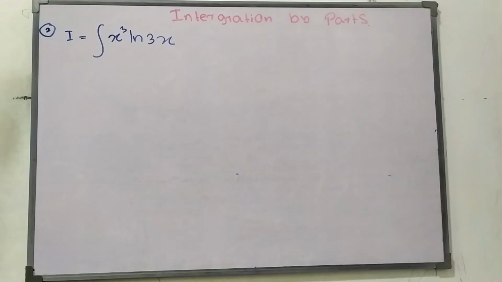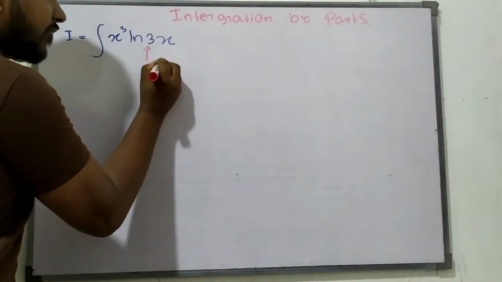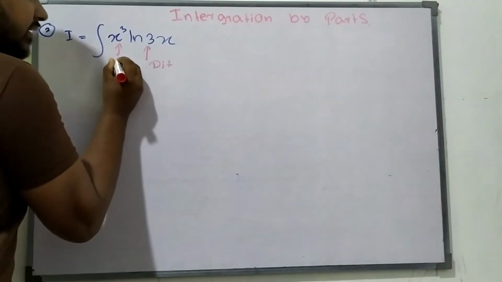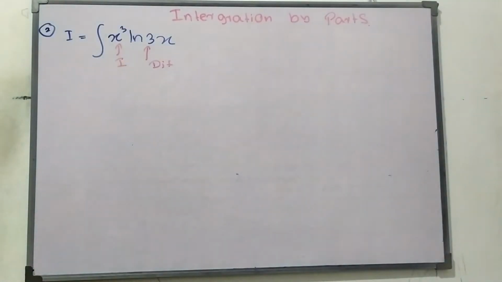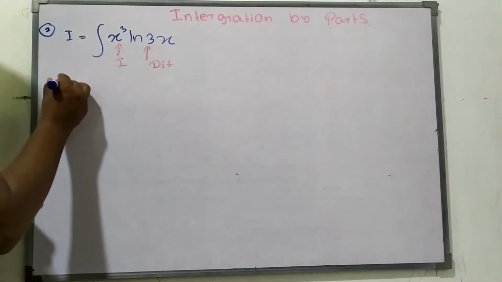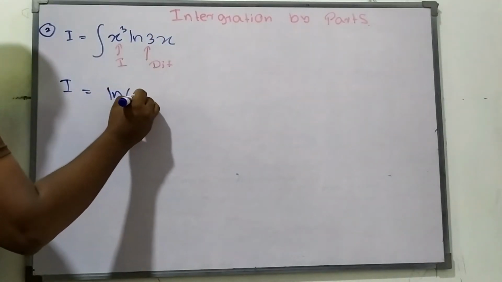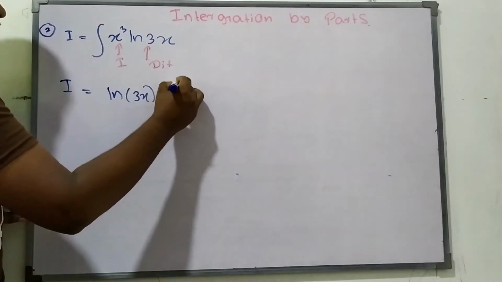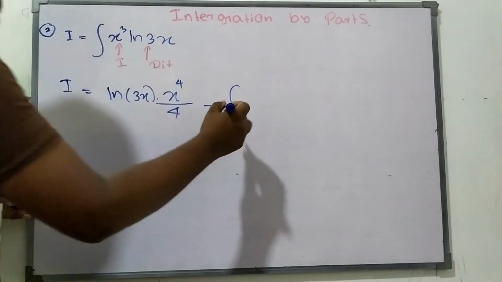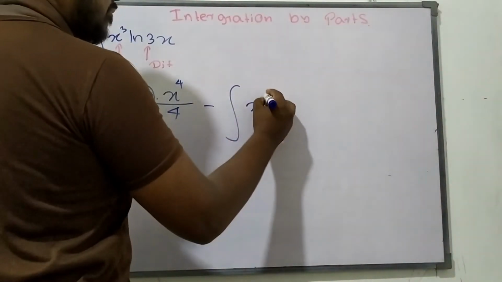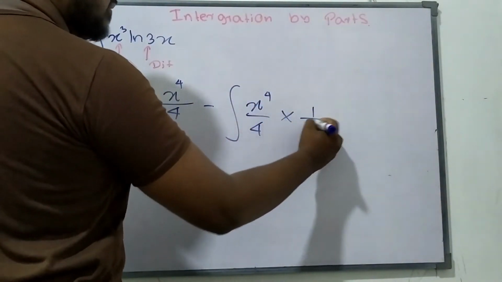Okay children, this is my next example: ∫ x³ ln 3x dx. How to integrate this? Again, you can see ln 3x can't be integrated. Then you can select ln 3x as the differentiation function and x³ as the integration function. Therefore, I = differentiation function into integration value minus integration value into differentiation answer.